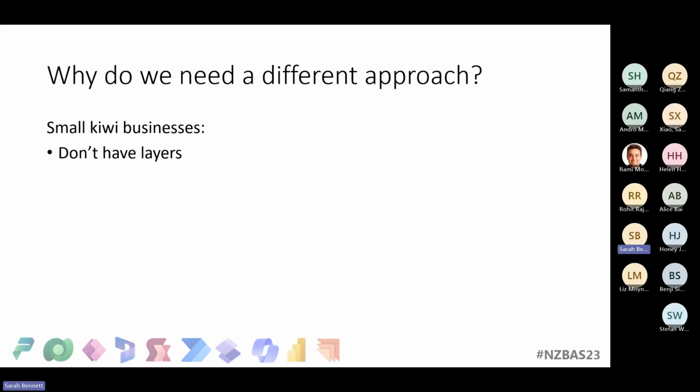Okay, so these large institutions have lots and lots of layers. But an organisation chart for a small Kiwi business, there'll be a box at the top and that'll be their owner, and then everyone else is below it in one layer. Okay, so small Kiwi businesses, they don't have layers.